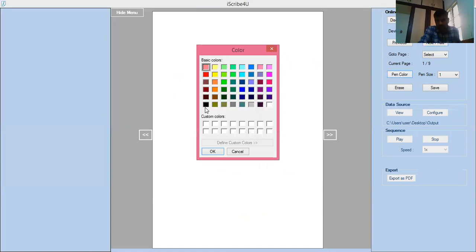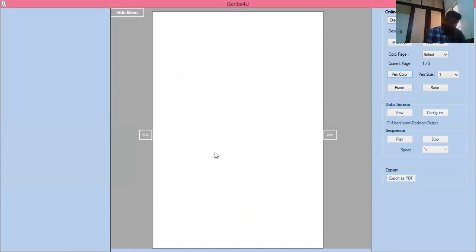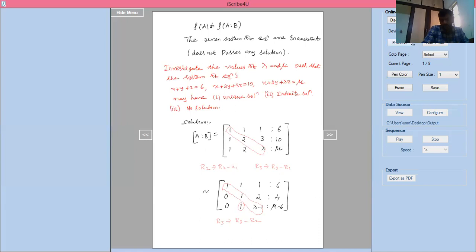So if you do R3 minus R2, I can write the given matrix A|B as follows. The first two rows I am writing as they are: 1, 1, 1, 6 and 0, 1, 2, 4.